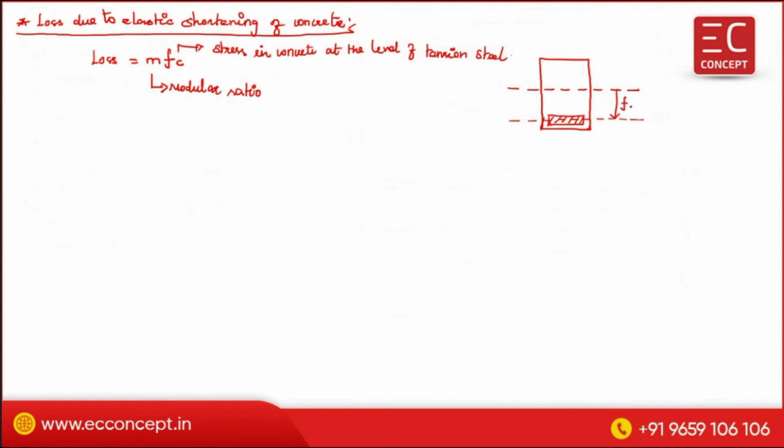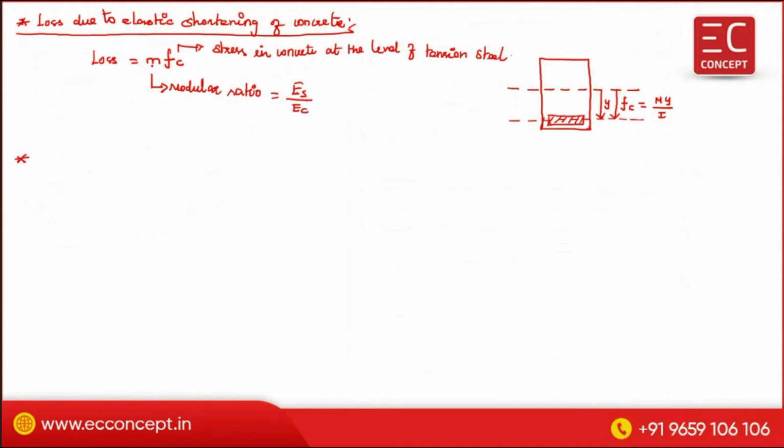Now fc = My/I, where y is the distance from the neutral axis to the center of the reinforcement. The modular ratio is equal to Young's modulus of steel divided by Young's modulus of concrete. This is the loss due to elastic shortening of concrete.